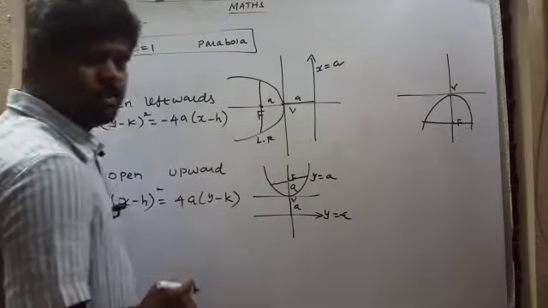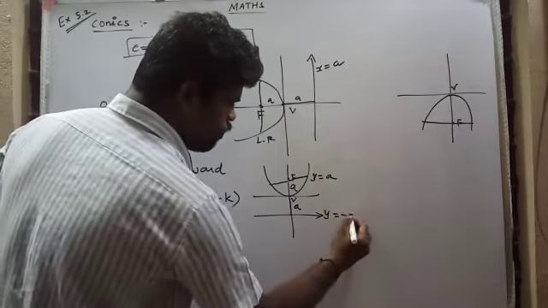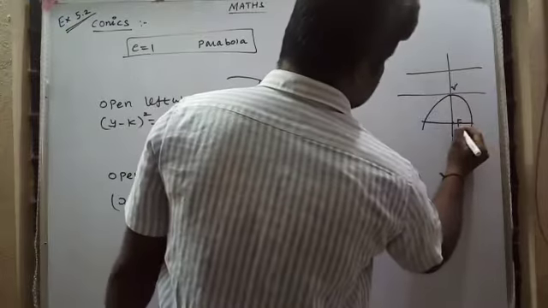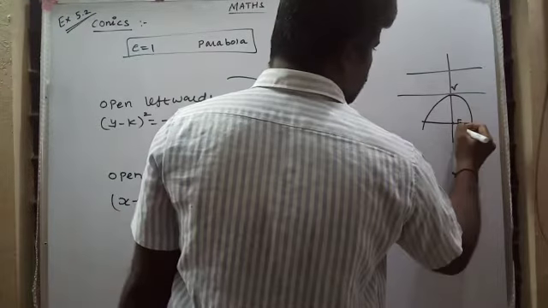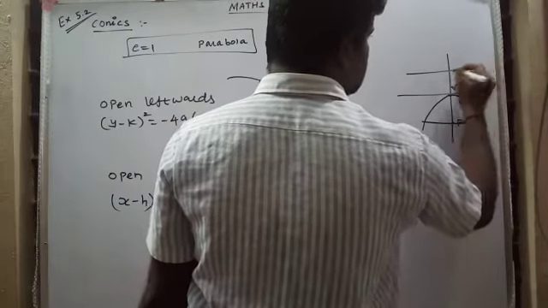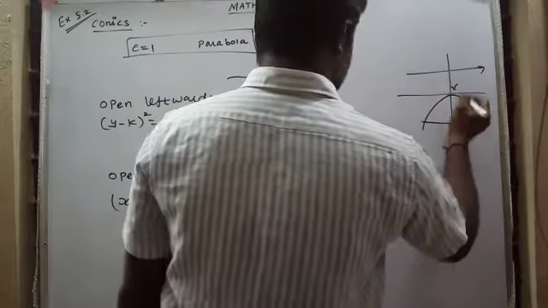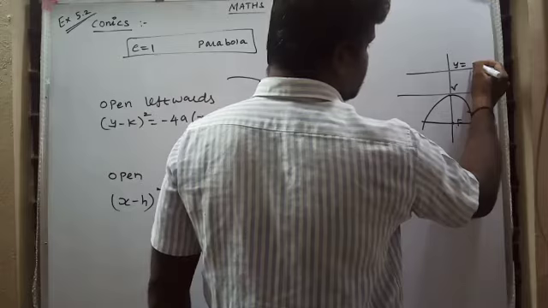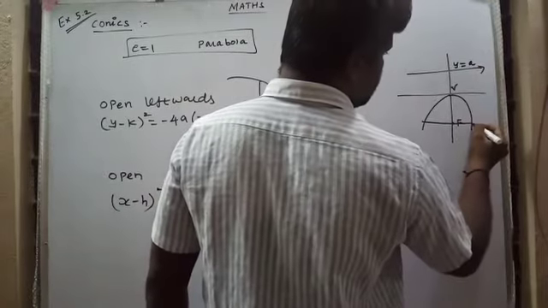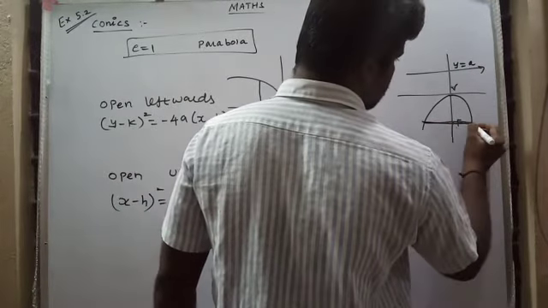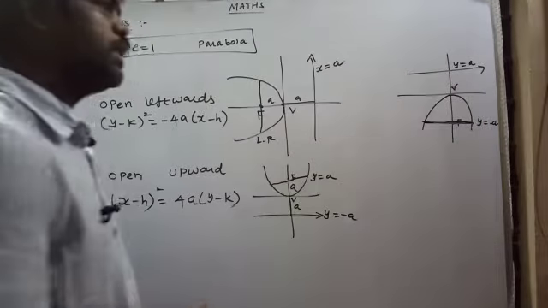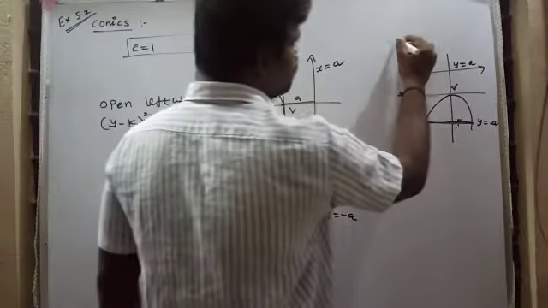This is F, the focus, this is the vertex, this is the latus rectum, and this is downward. The equation of the directrix is y equal to a and the latus rectum is y equal to minus a, right? This is open downwards.